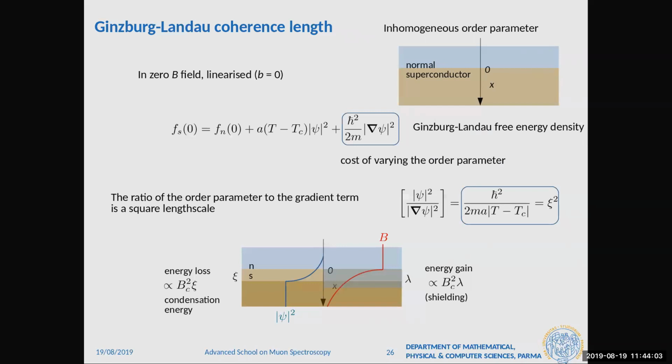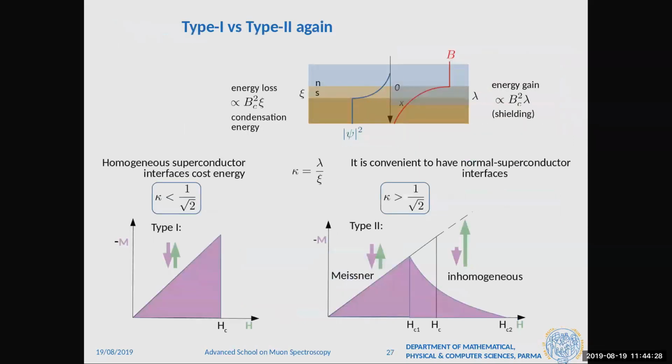So this is a thickness psi. On the other side, you're gaining energy for the fact that you're expanding the magnetic flux over a different energy state, which is lambda. So if this is larger than that, then you're gaining energy. Turns out that you have to have lambda over psi larger than 1 over square root 2. I don't know how to explain why that is, but essentially it's like that.